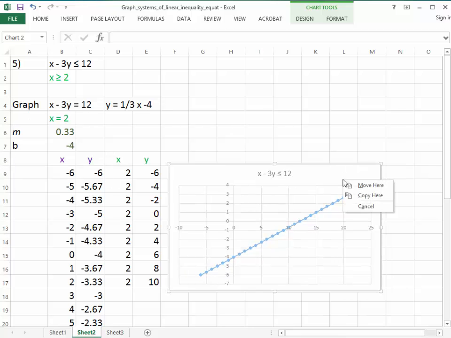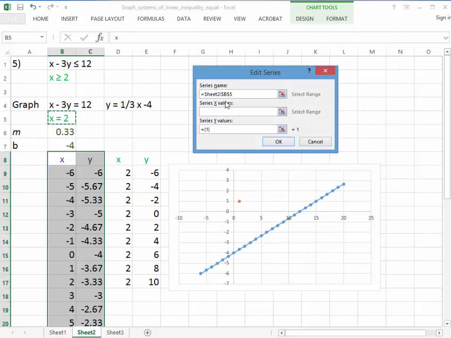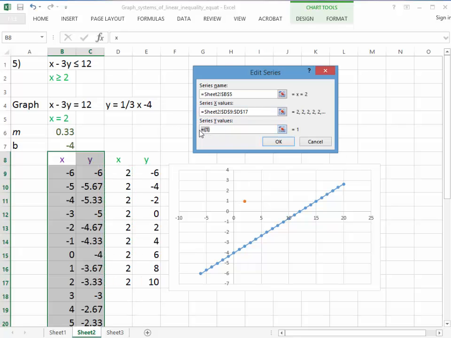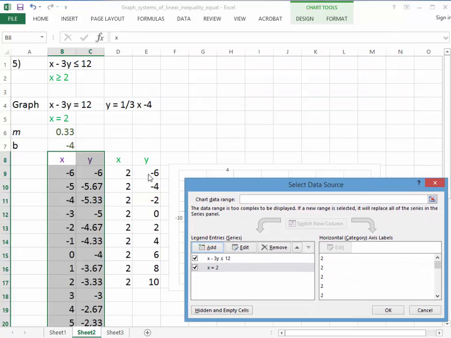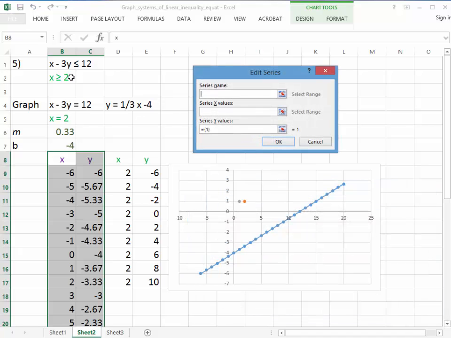All right, one more time. Right-click and select the data. And I have add x is equal to 2. For my x values, I have only 2. For my y values, let's try it again. Series name, x is greater than 2.